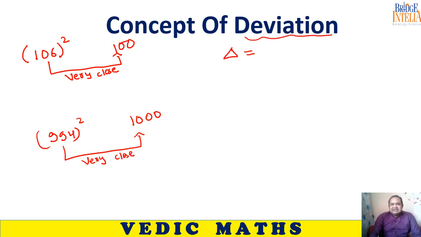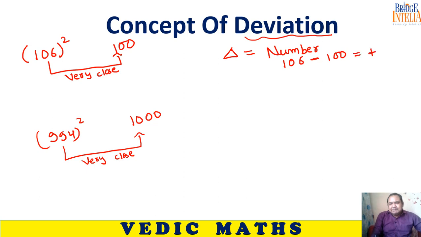So deviation is from the given number, whichever number you have been given. So you have been given 106 and 994. So from the given number you have to subtract the base. So 106 is very close to 100. So given number is 106. So from 106 you have to subtract base.